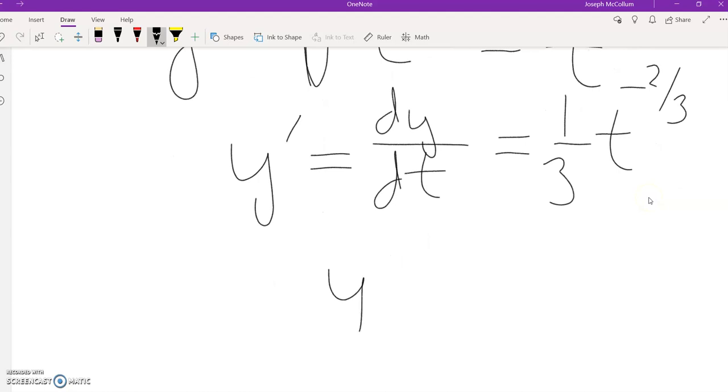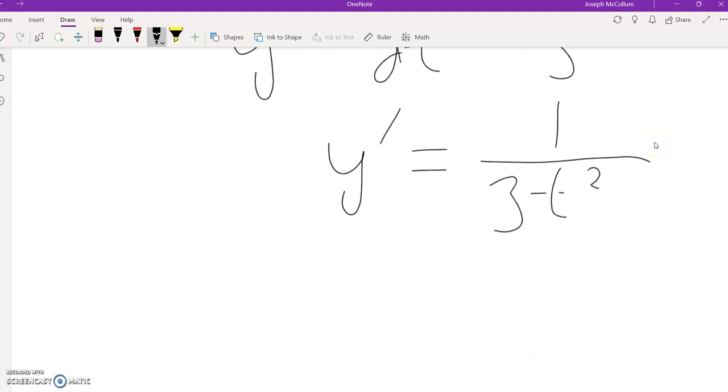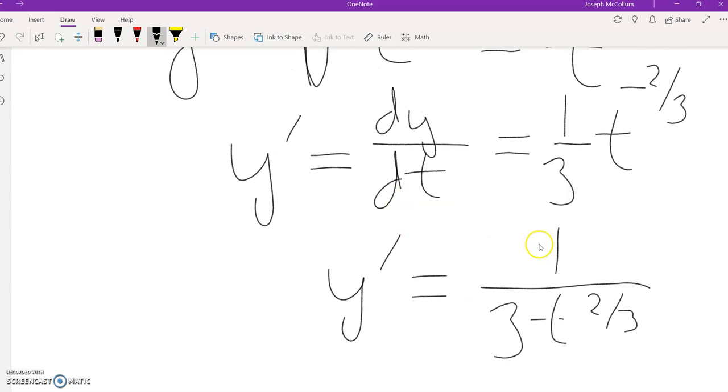And yes, once again, I will want you to clean up nicely. And to clean this up, all it really means is to take the negative exponent, and that allows you, using exponent rules, to make it a 2/3 power. So my derivative is really 1/3 t to the 2/3 power.